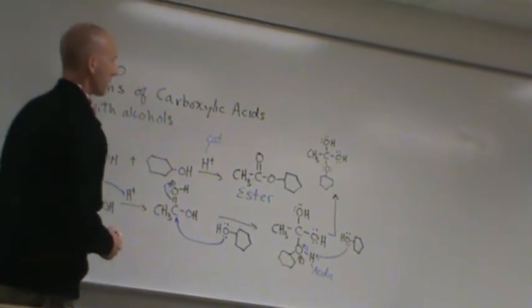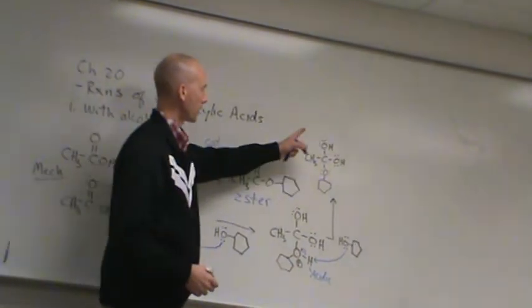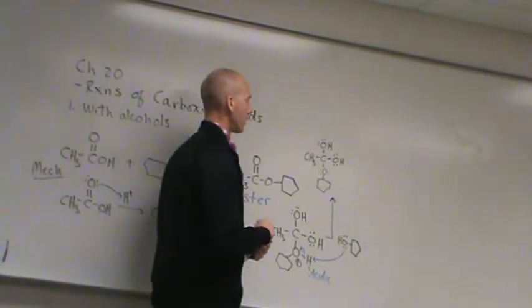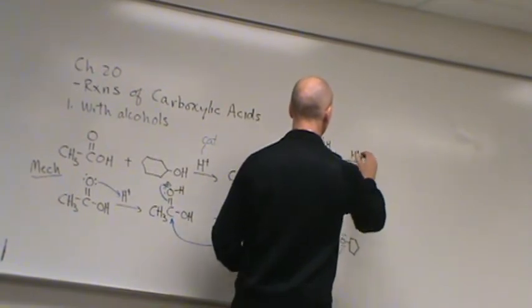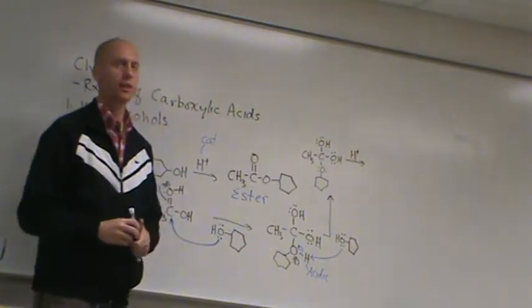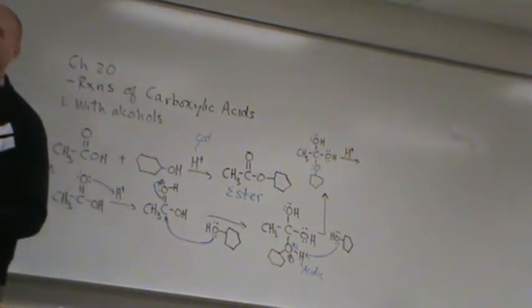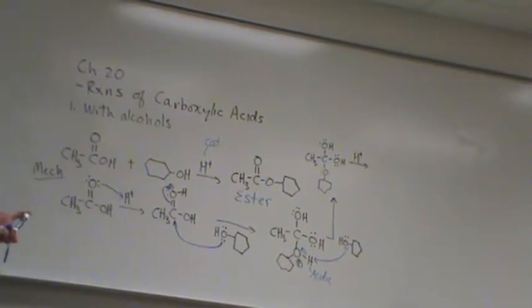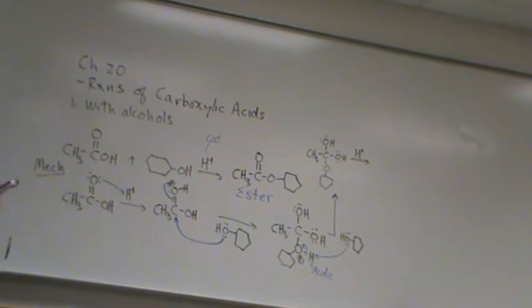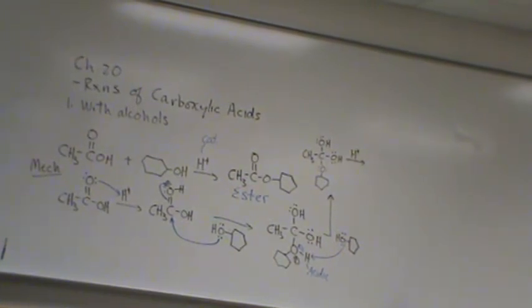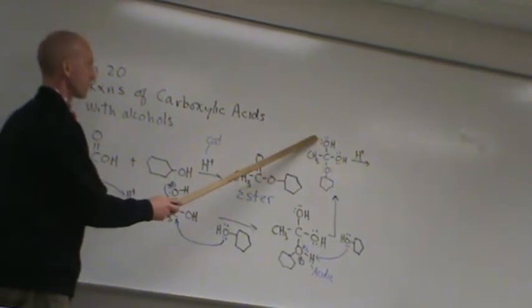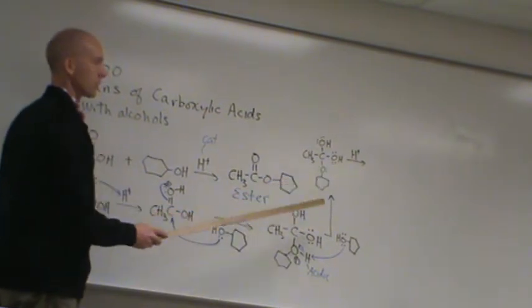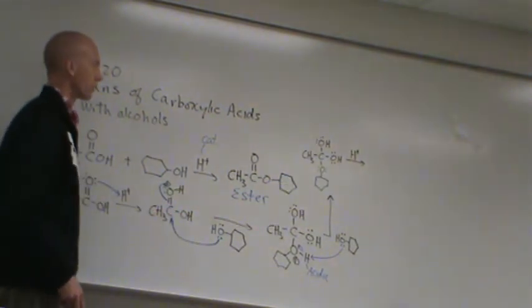If you remember in those past reactions, we took this and next reacted it with another H+. But here you have three oxygens that could attack it. Which of those three oxygens do you think will attack it?